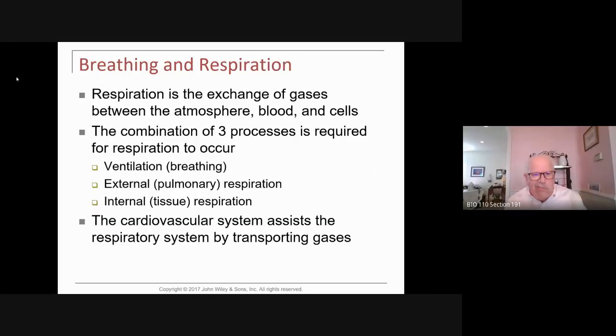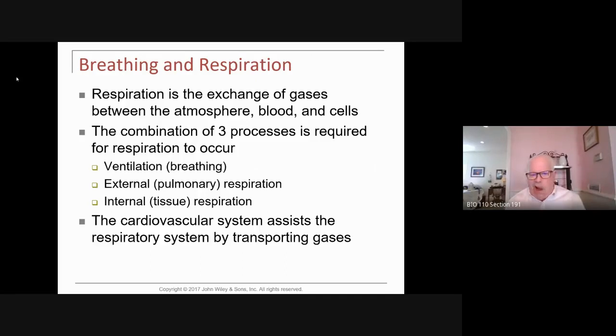All right, some definitions. Respiration is the exchange of gases between the outside world, the blood, and the tissue and cells. It is a combination of three processes. It requires ventilation, which is breathing. It requires external respiration, otherwise known as pulmonary respiration, and that occurs in the lungs.